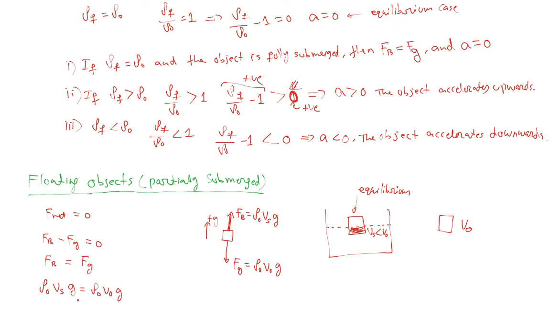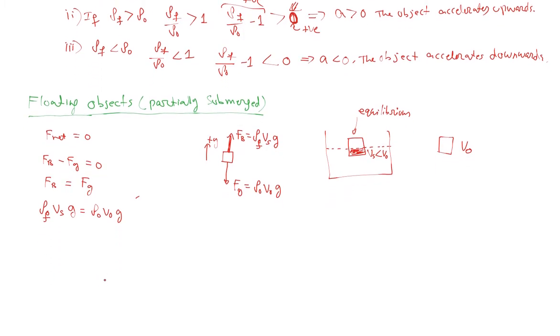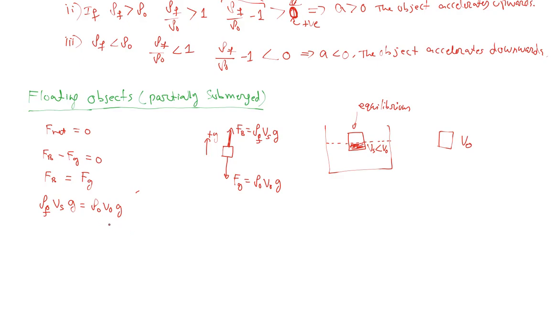Oh, sorry, I made one mistake here. For the buoyant force, this must be the density of the fluid, not the density of the object. So F buoyant should be density of the fluid. It's very important. It's not the density of the object. Only for the gravitational force we use the density of the object.